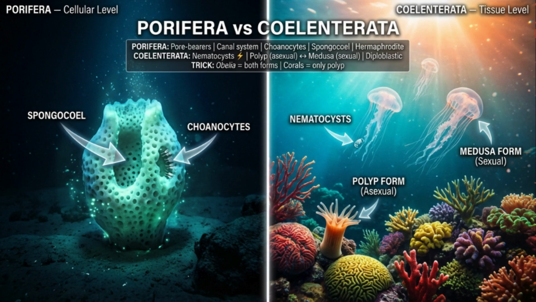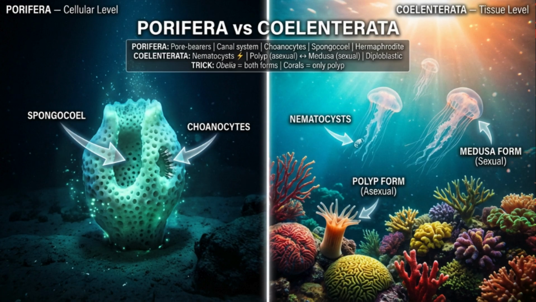The key cell is the choanocyte, collar cells that line the spongocoel and create water current. They're hermaphrodites. Examples, Sycon, Spongilla, Euspongia. Moving up, Coelenterata, also called Cnidaria. Key weapon, nematocysts, stinging cells used for offense and defense.